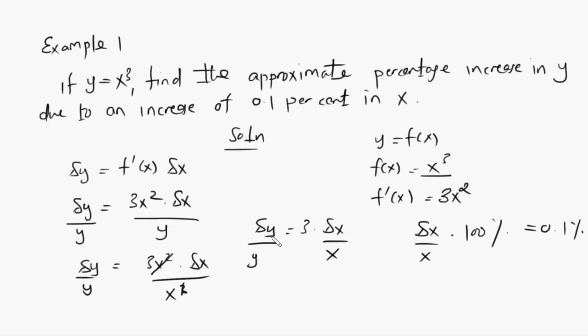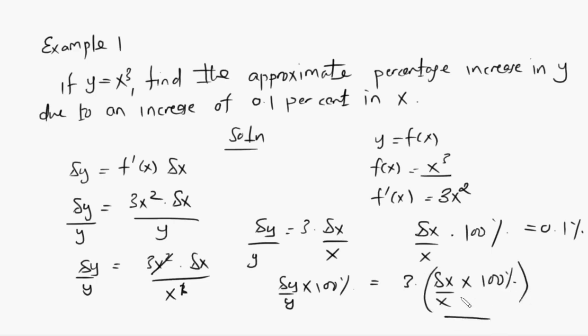So I want a percentage increase in y. This means delta y over y times 100%, which is what I'm looking for. So it means that as I multiply by 100% on this side, I also multiply by 100% on the other side. It's just delta x over x times 100%, and I can separate it in brackets. So this now is the percentage increase in x, which we already have, which is 0.1.